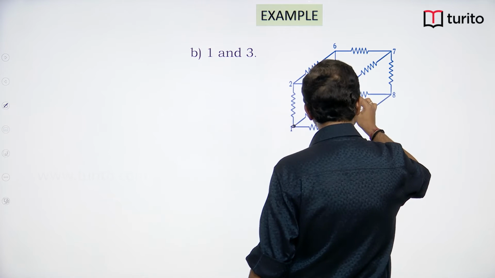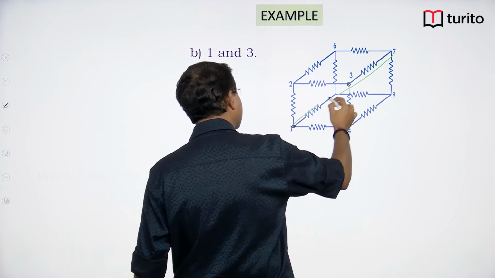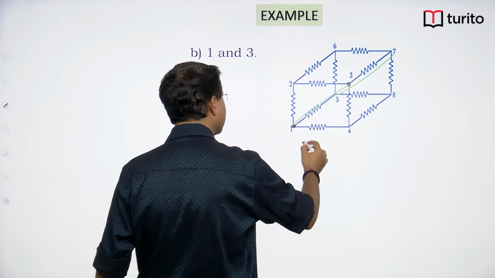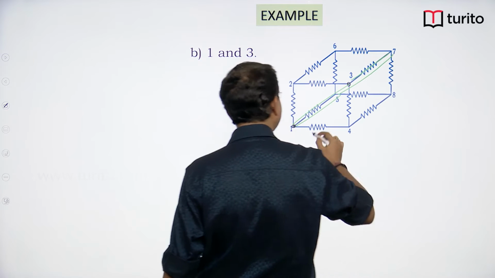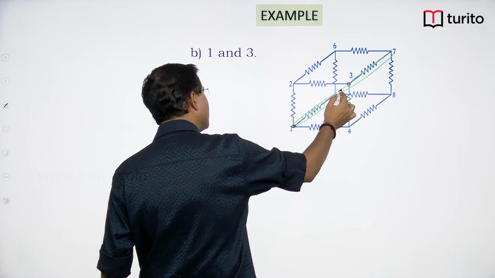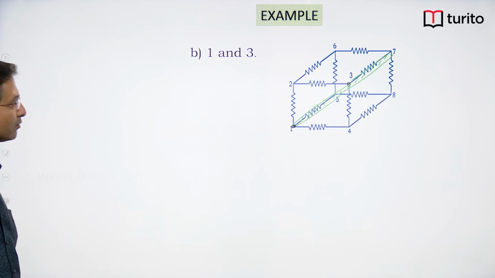So I am drawing this way, this is connecting to 7 and this is connecting to 3, and then I hope you are able to understand.